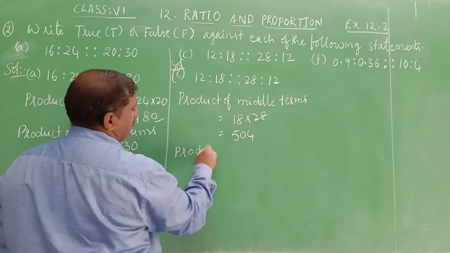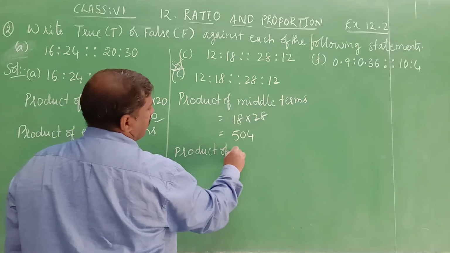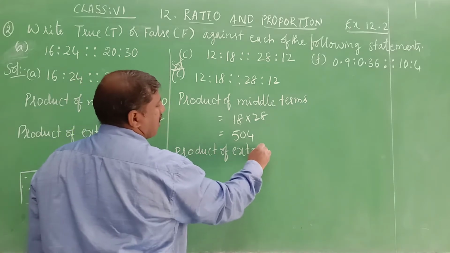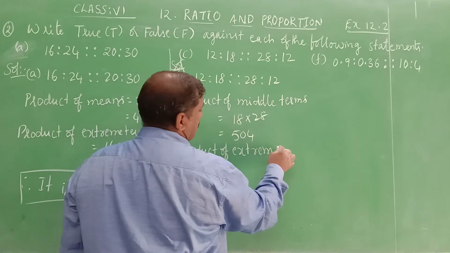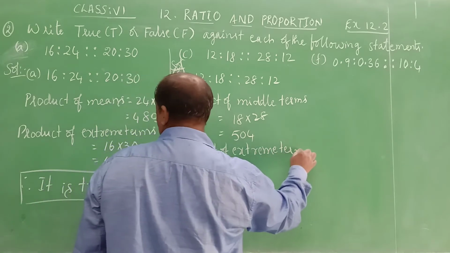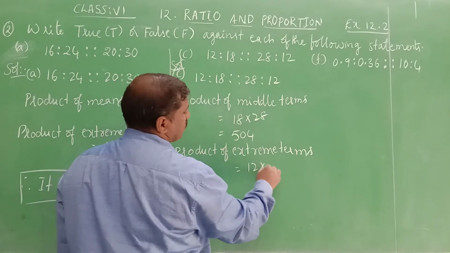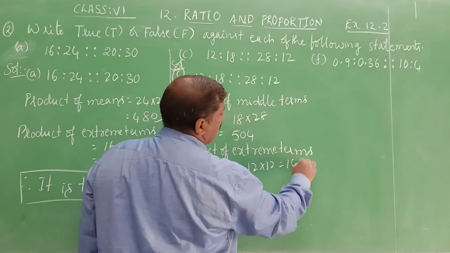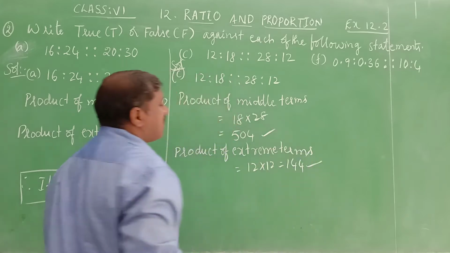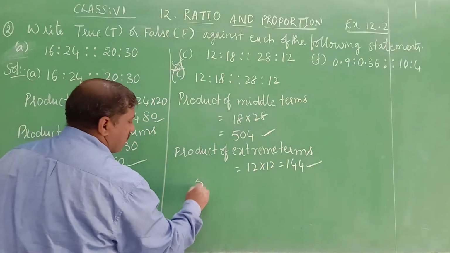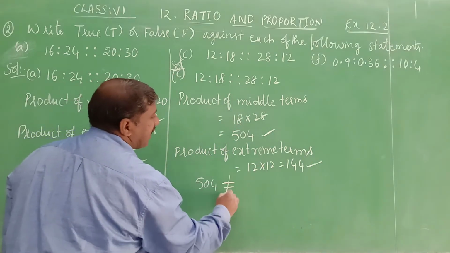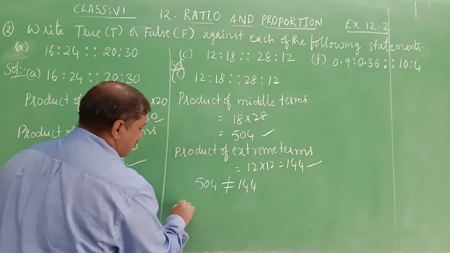The product of extreme terms is 12 into 12, which is equal to 144. Are they equal? 504 is not equal to 144.